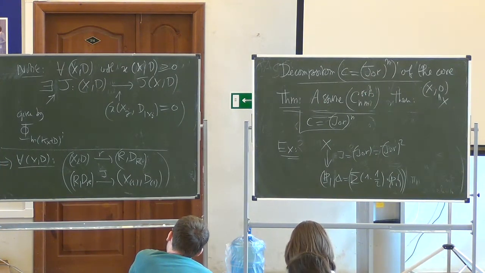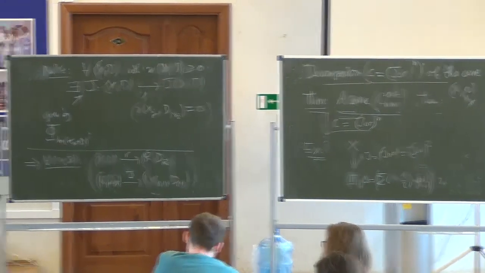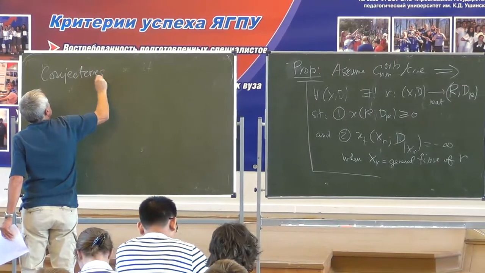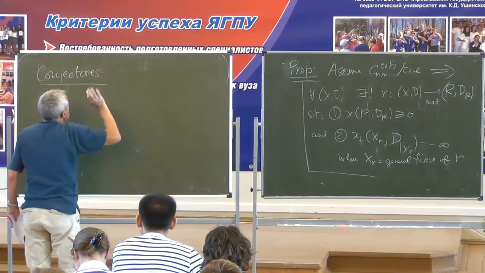And we can state conjectures without orbifolds, but which are inspired by this. So the conjecture is this. Three conjectures about special manifolds.